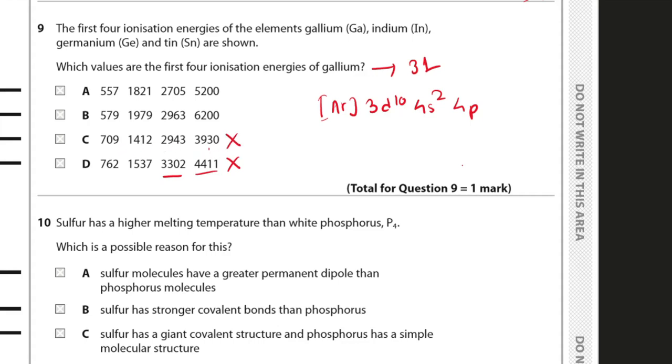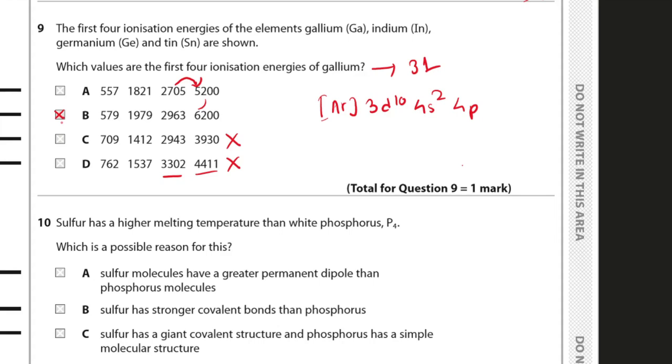Now this leaves us B and A. Yes, there is a big change, but the change in option B is higher, considering the third ionization energy value is greater than the third ionization energy value provided in option A. So option B would be our correct answer.